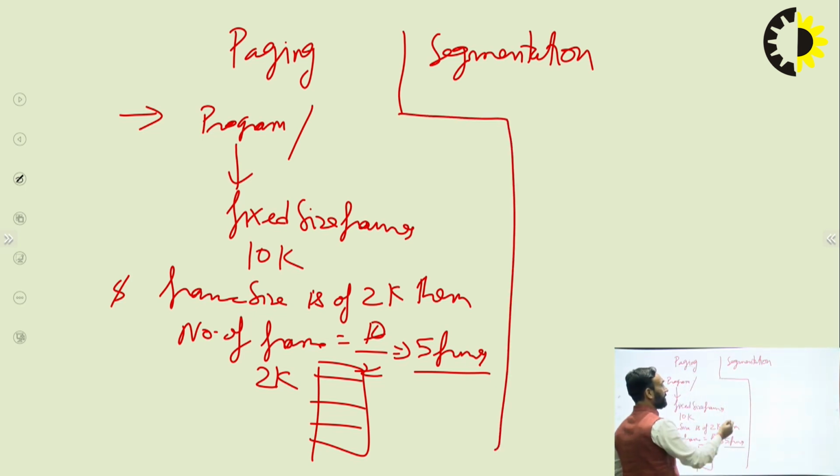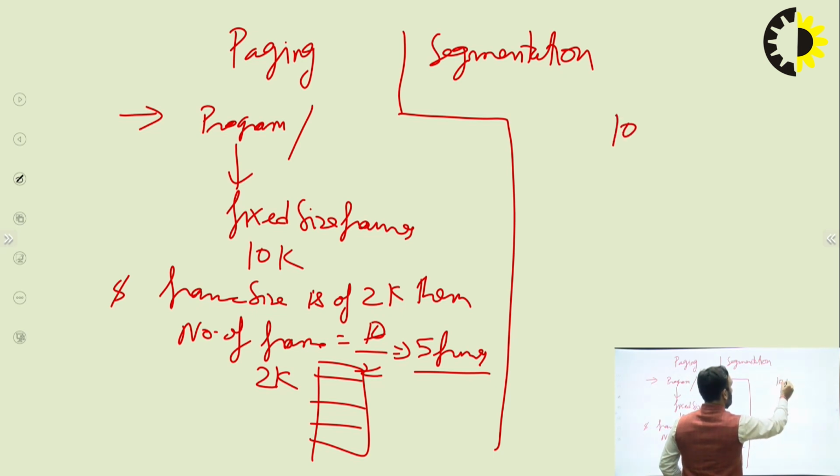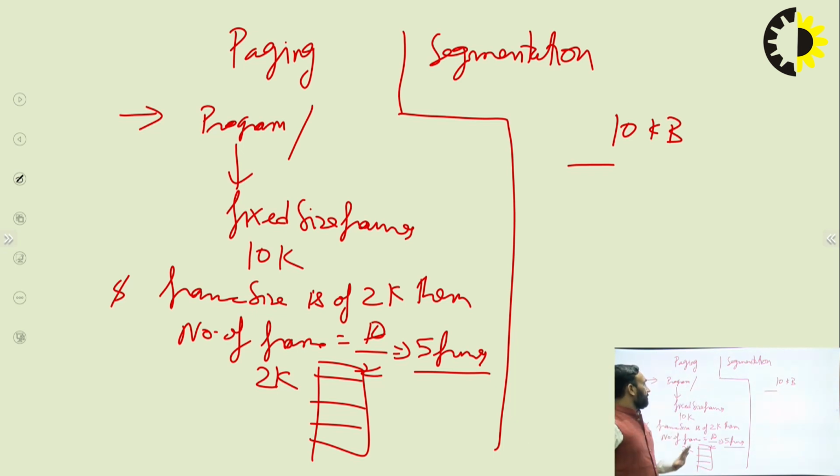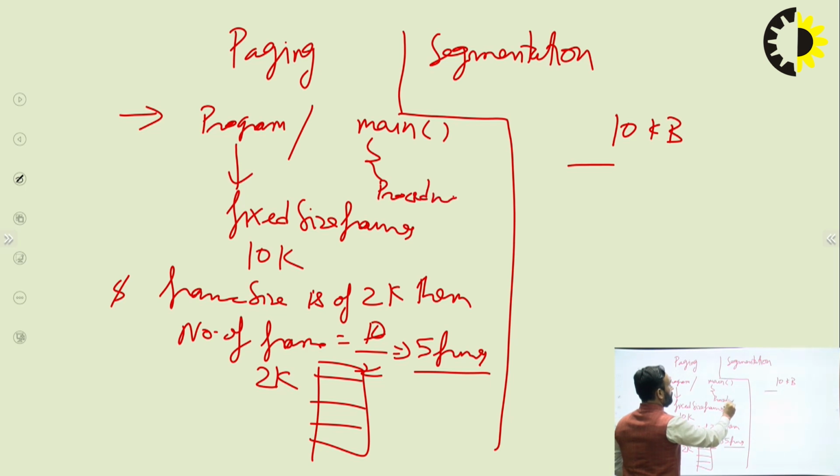For example, we will take the same example here, a program of 10 KB. In this approach, a program is always divided into a fixed size according to the size of the frame, as given in a question, or the size of main memory. This is the drawback. What is the drawback? For example, we have a program with a main function along with different procedures, like functions.